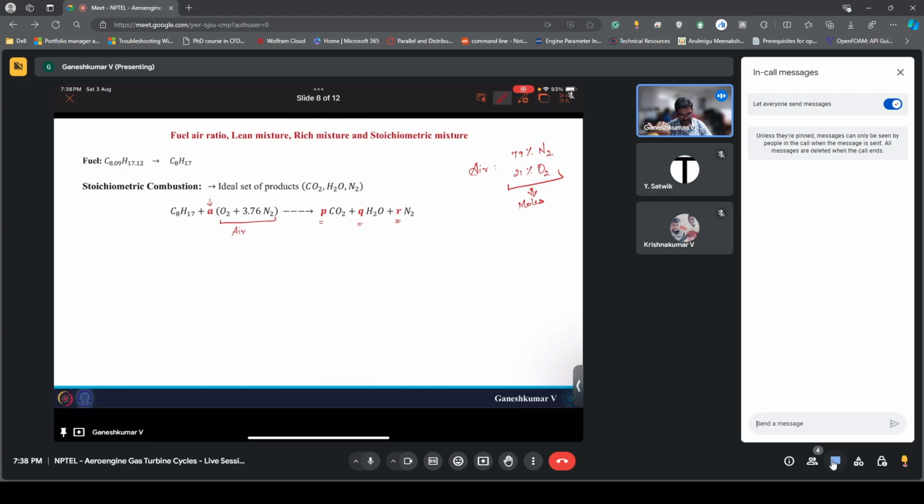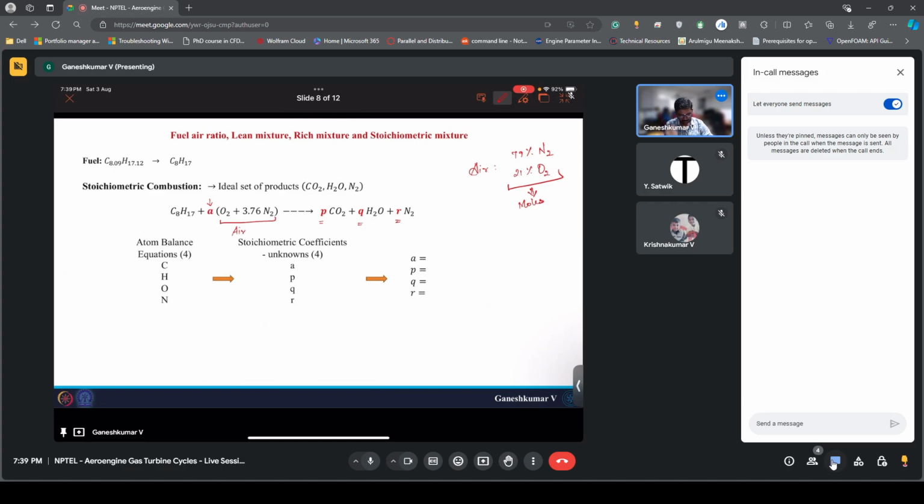So we are going to do the same thing. We have 4 atoms, so we have 4 equations. You can do balance of 4 equations, and we have 4 unknowns. You have A, P, Q, and R. So you have 4 atoms, 4 unknowns, which means your system is fully defined and you can solve to get A, P, Q, and R.